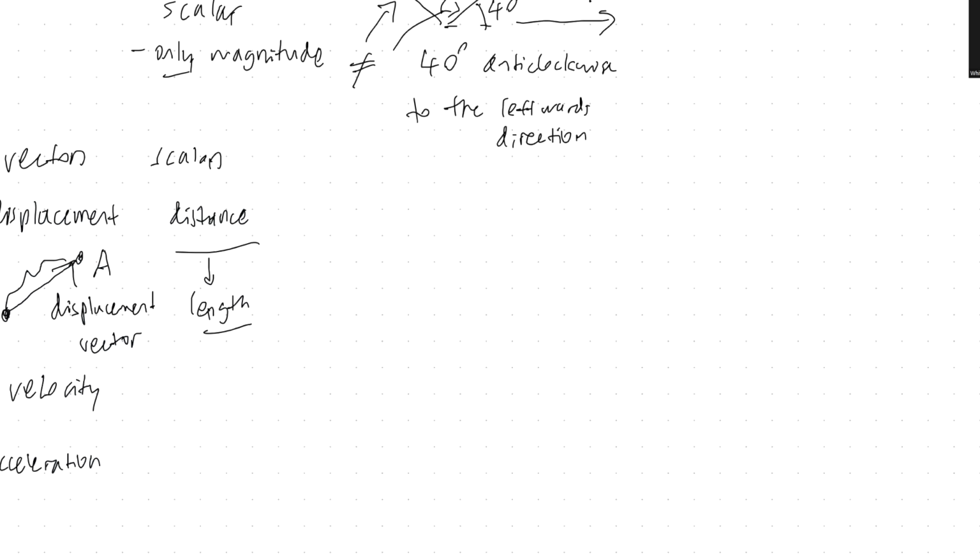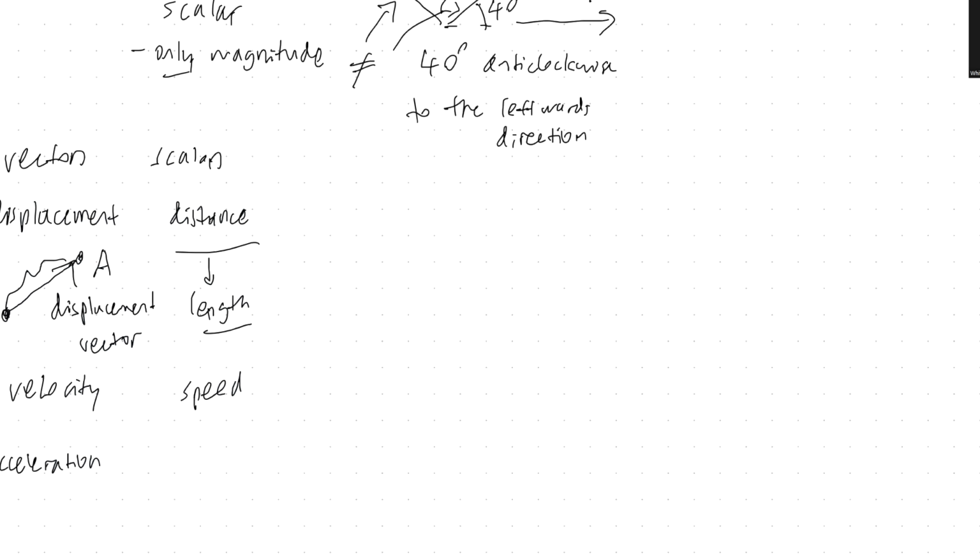Because for speed, let's say you have a car, the car is traveling at 90 kilometers per hour, then that is the speed. But we aren't defining the car to be moving in any direction when we talk about the speed of the object. So therefore, this is the difference. For kinematics, we usually deal with vectors because these are more complete. They give us more information about the object.